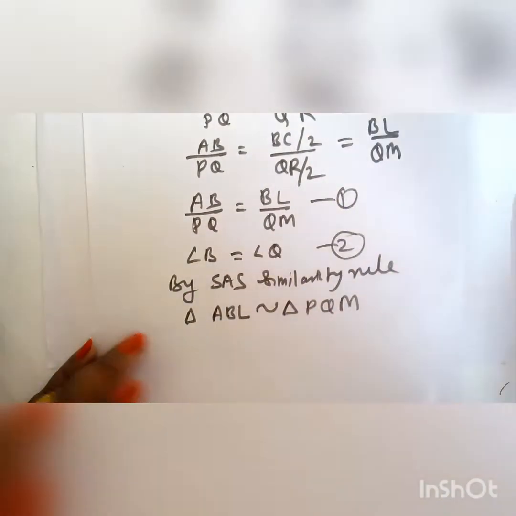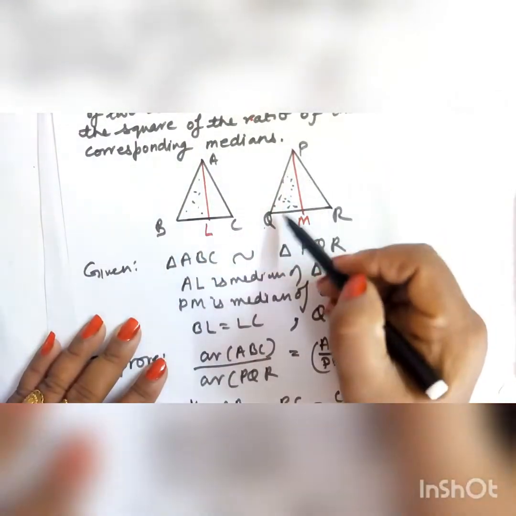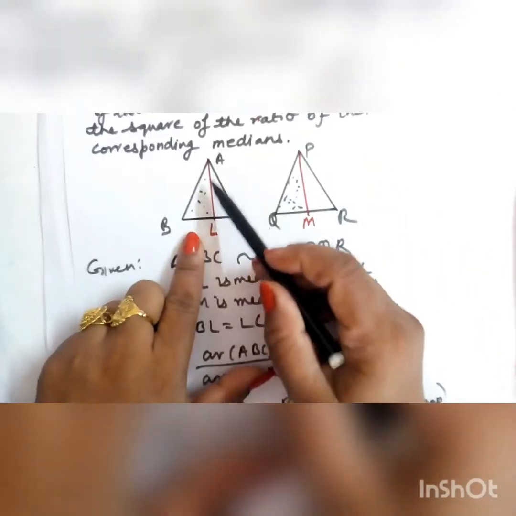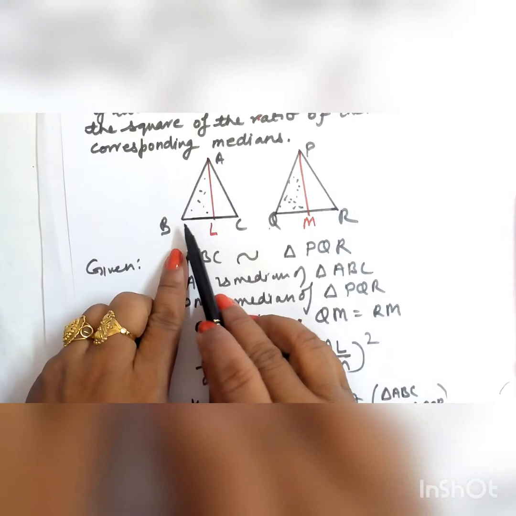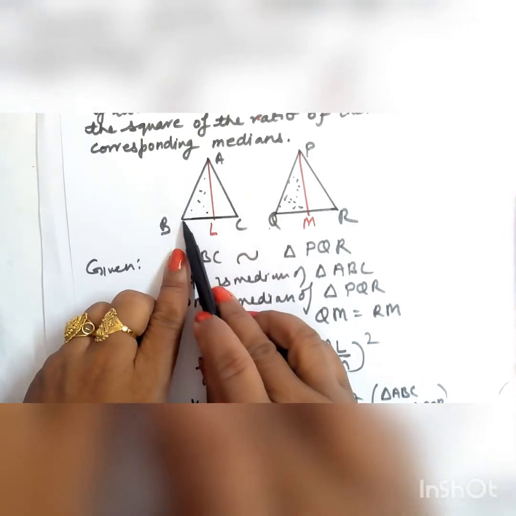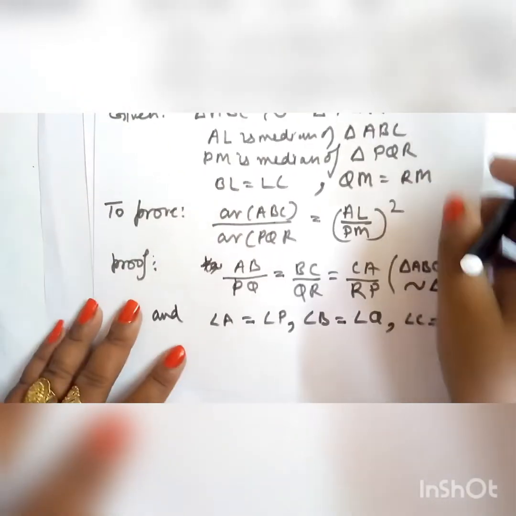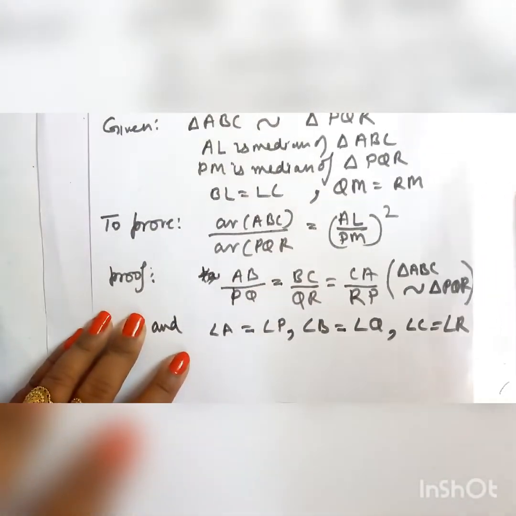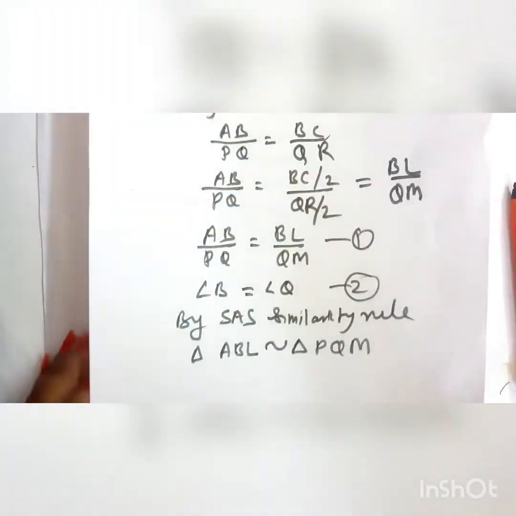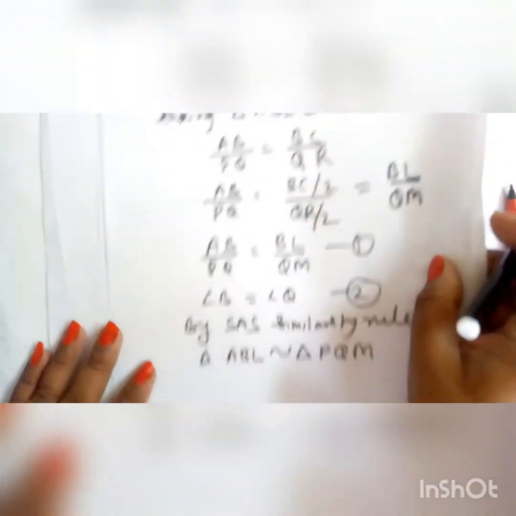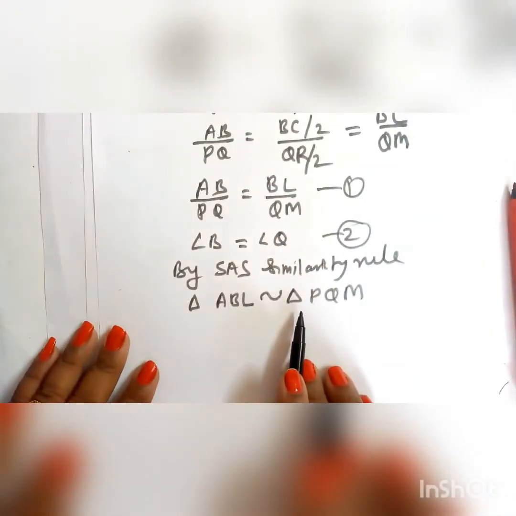Now triangle ABL is similar to triangle PQM because now we have proved AB upon PQ is equal to BL upon QM and angle B is equal to angle Q. So if one angle is equal and the two sides including this angle are proportional to each other, then by SAS rule these two triangles are similar to each other.